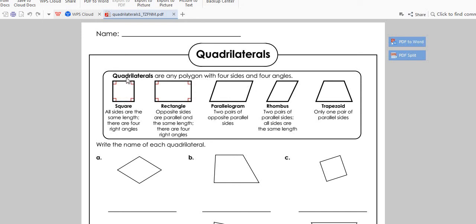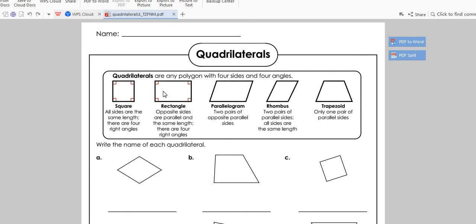It's a kind of quadrilateral. Why? Because it has four sides and all sides are equal in length. The features of the square: all sides are equal in length, and the inside angles are right angles. Here the red square inside shows a right angle, as I told you in the previous lessons.